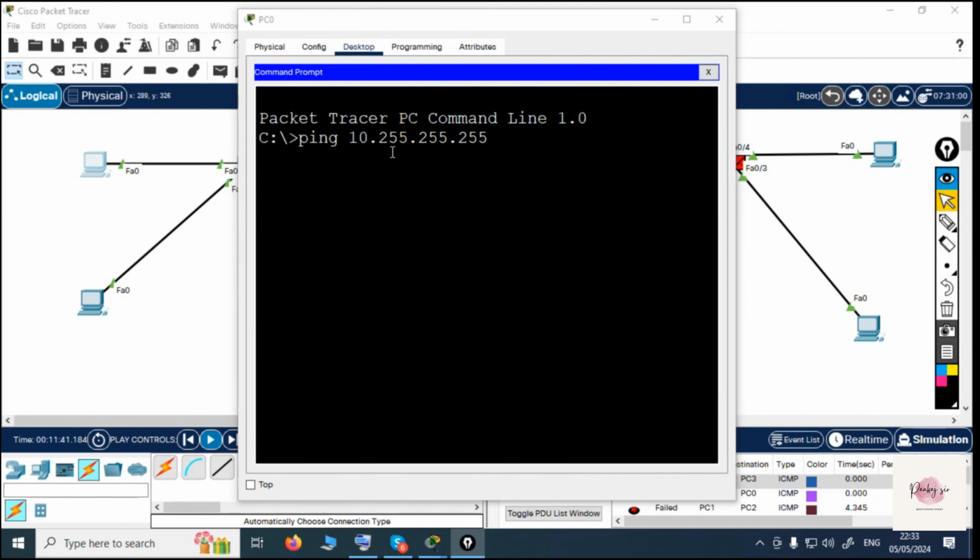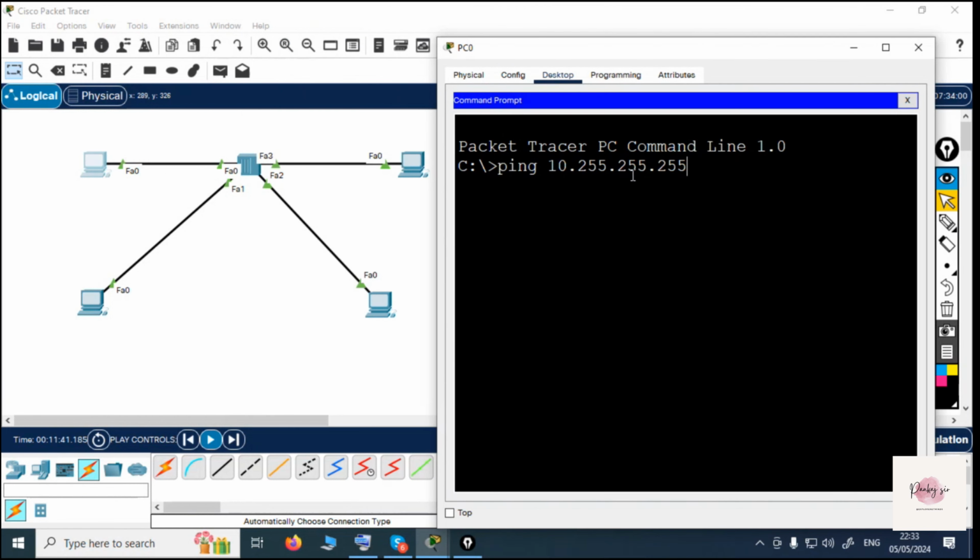They are in the 10.0.0.0/8 network, so the broadcast address of this network will be 10.255.255.255. Do you understand? This will be the broadcast address. So if we send any data from the first PC at the broadcast address, let's see what happens.